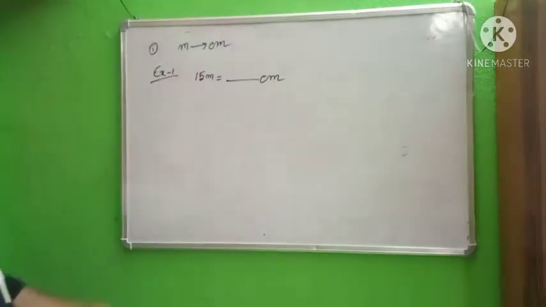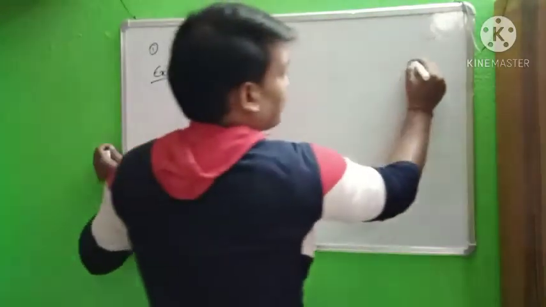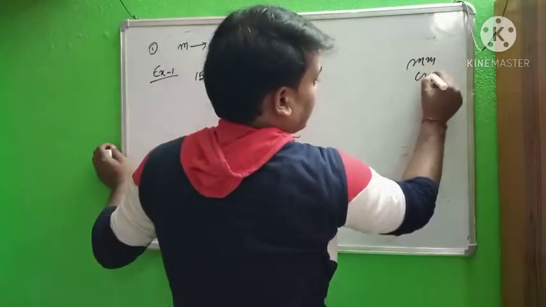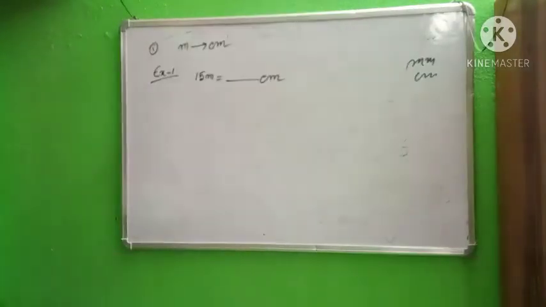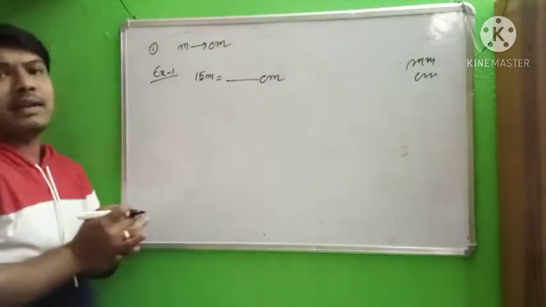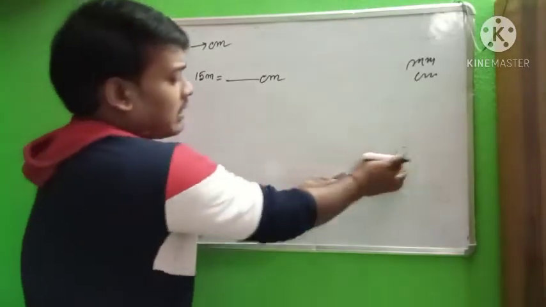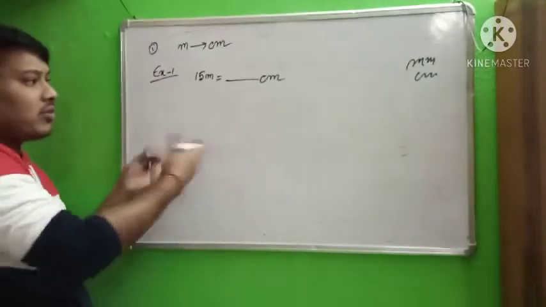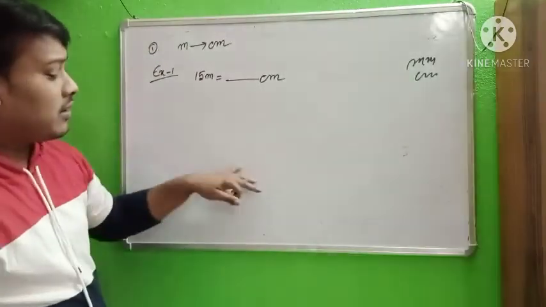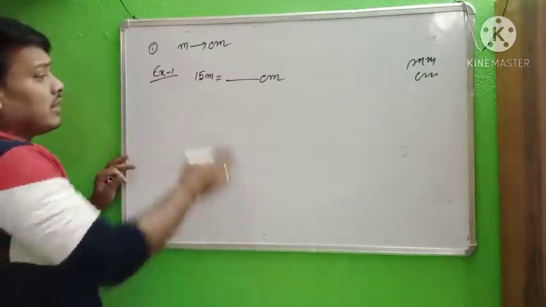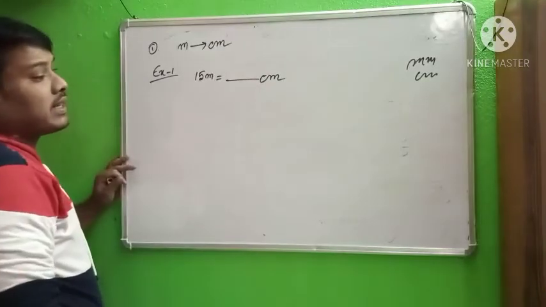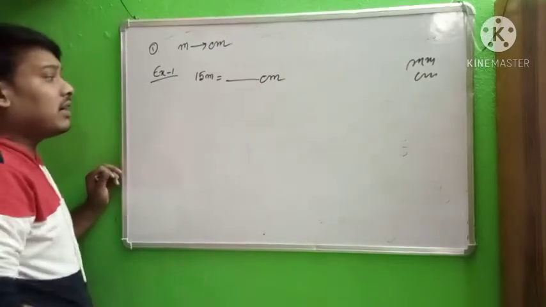Okay, so just now we saw millimeter, centimeter. No problem. To convert meter to centimeter, we have to multiply by 100. I have written the words here; you write the lines in your copy, then it's easier.